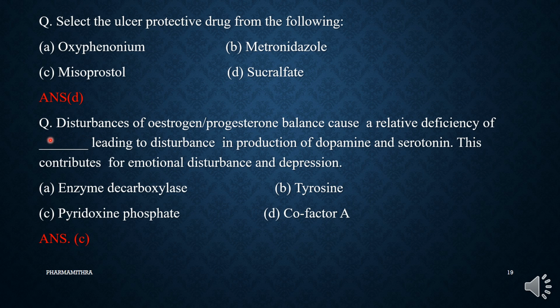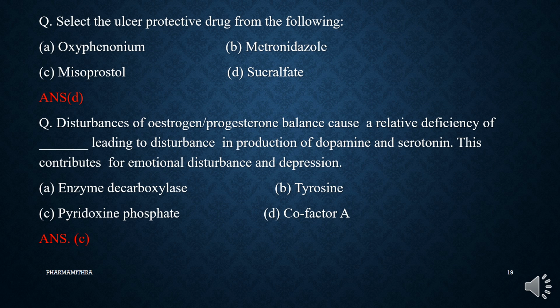Next question, the disturbance of the estrogen or progesterone balance causes a relative deficiency of which enzyme? That may result in disturbances in dopamine and finally in emotional disturbance and depression. As we know, in the estrogen progesterone imbalance, progesterone deficiency may result in estrogen rise. So in such cases, we are administering vitamin B6.